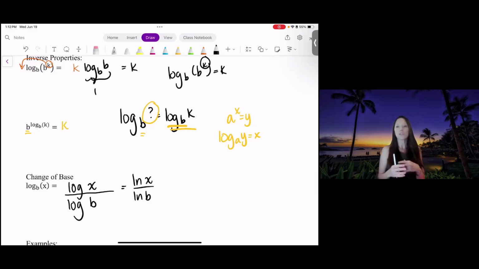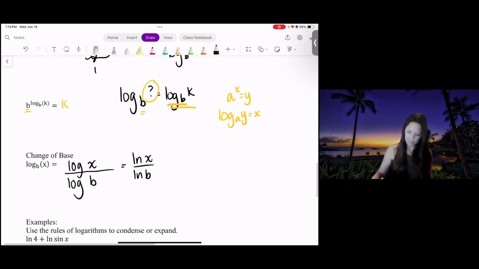And those are just tricks that help me actually evaluate a logarithm that is not normally calculatable with calculators before they allowed you to put whatever base in that you wanted. Back in the day, before we had calculators and computers, there were actually tables of logarithms that people would use to reference. Let's expand and condense a few expressions using these properties.